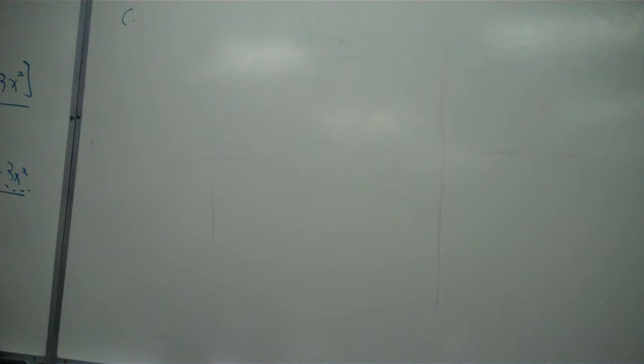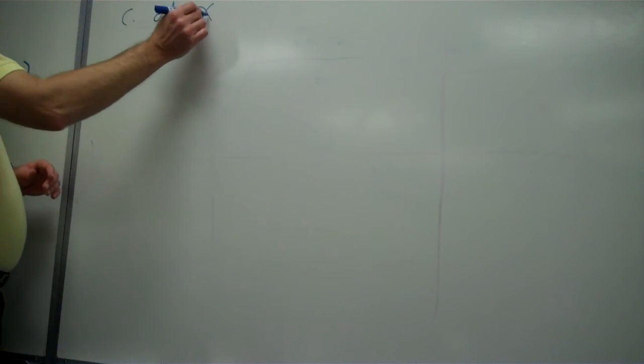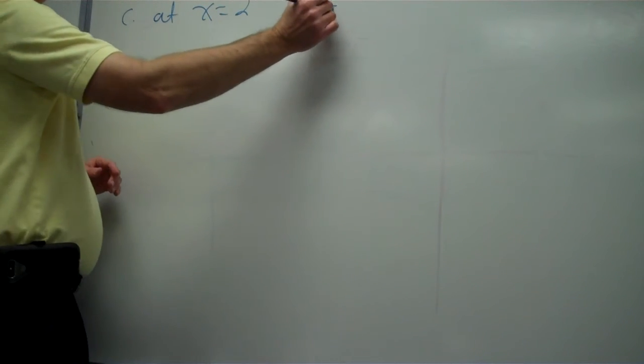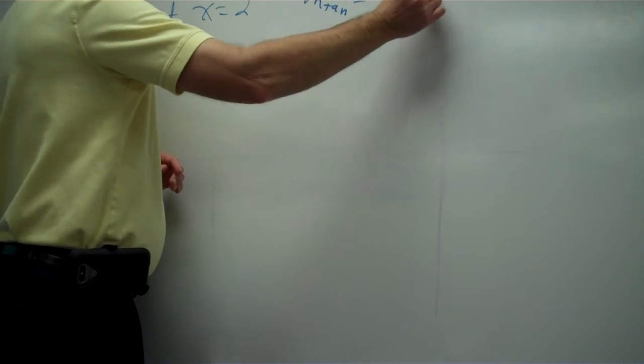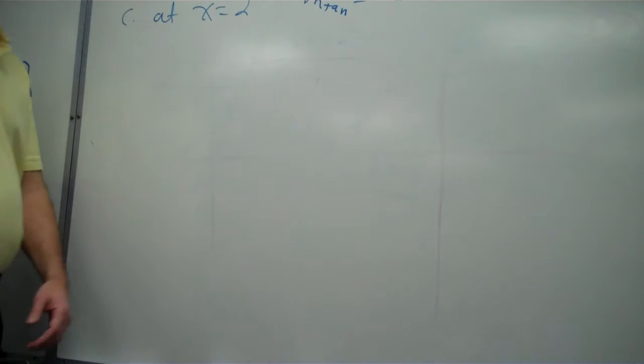And that's true whatever point we happen to be at. That's the slope of our tangent line. If we look at x equals 2, because that's what they ask us to do, the slope of the tangent line is then negative 6 times 2, or negative 12.